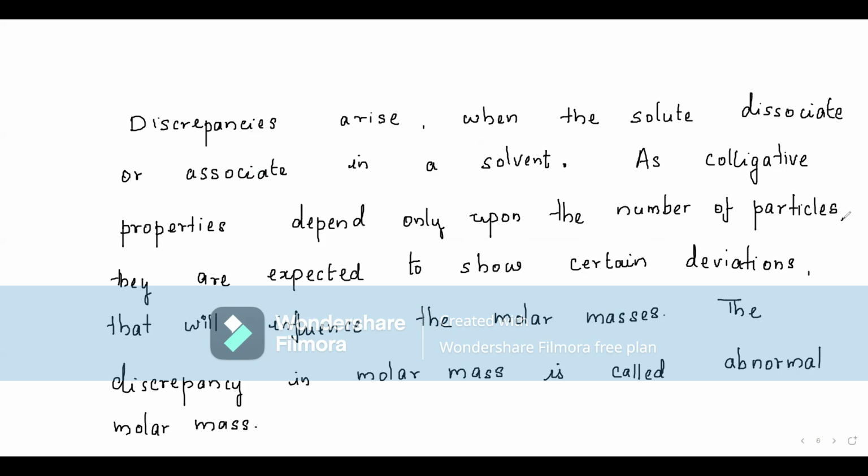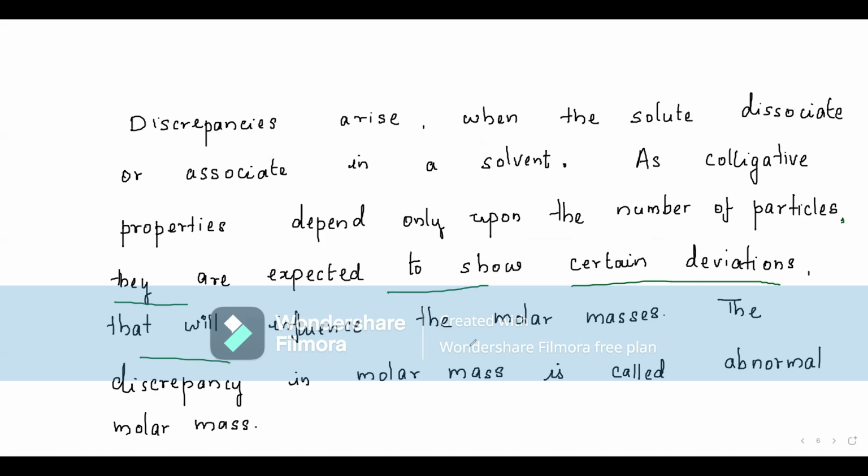upon the number of particles. Number of particles are changing due to association or dissociation. Accordingly, the molecular mass will change. So they are expected to show certain deviation. As the number of particles change, colligative properties will also show certain deviations.